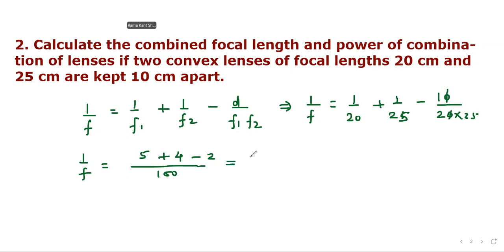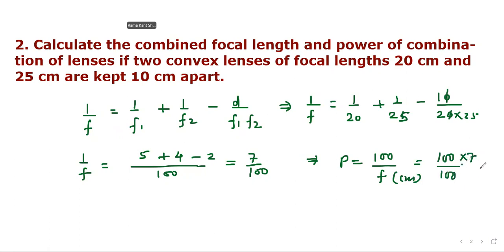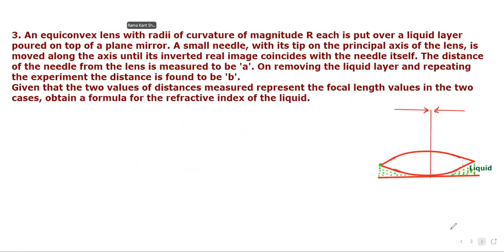So it will be 7 by 100. Now combined power P equal to 100 upon F in centimeter. So 100 upon 100 by 7. So it will be 7 diopter.